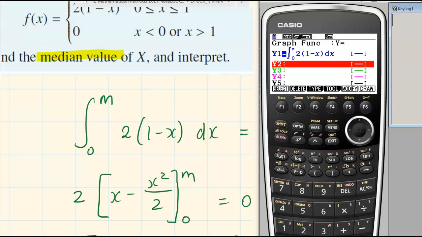And then the other function, because we want this to find the median, not the 95th percentile or any of those other things, we're going to sub this into be 0.5, right? Because I want it to equal half.